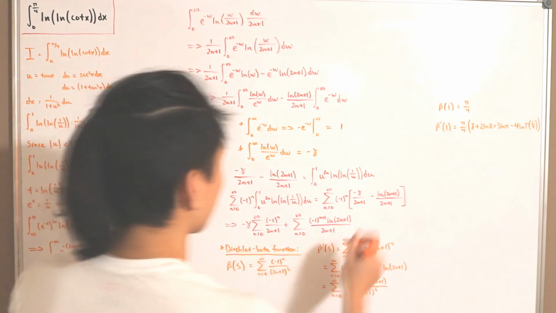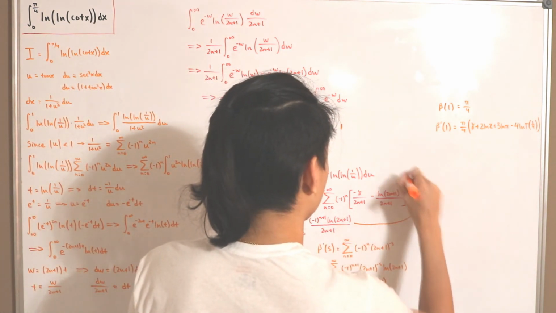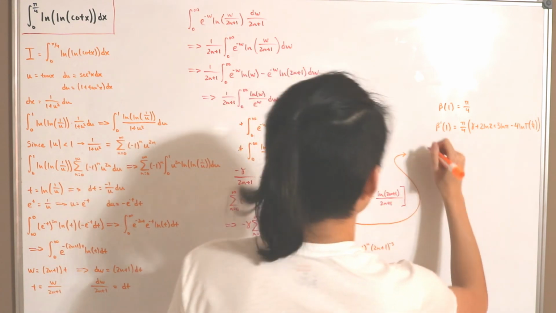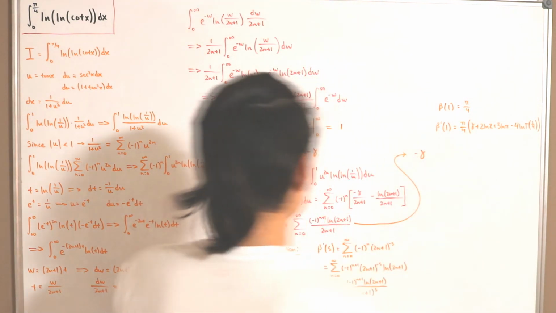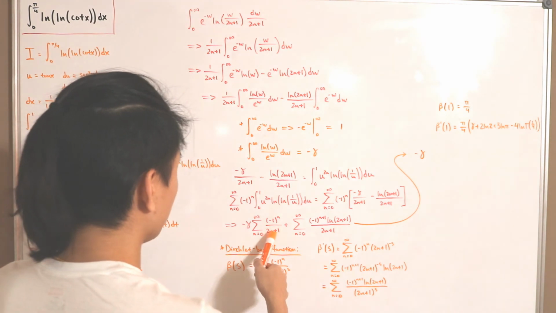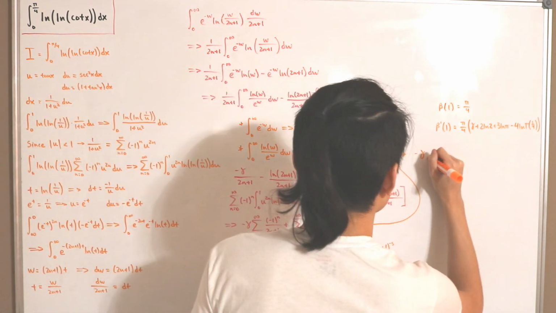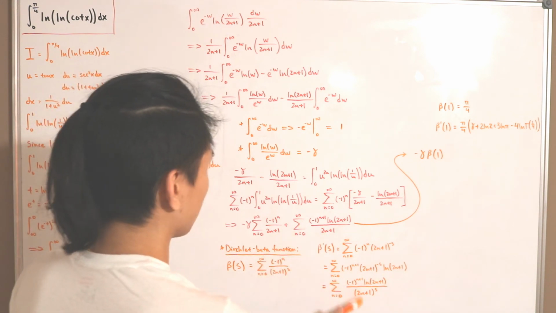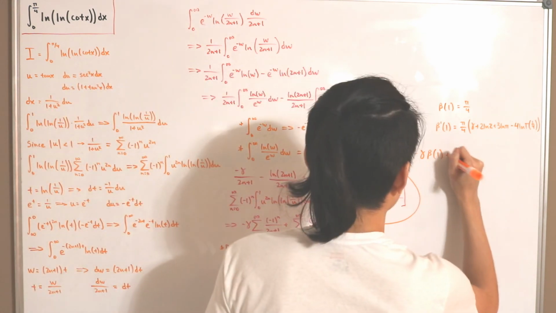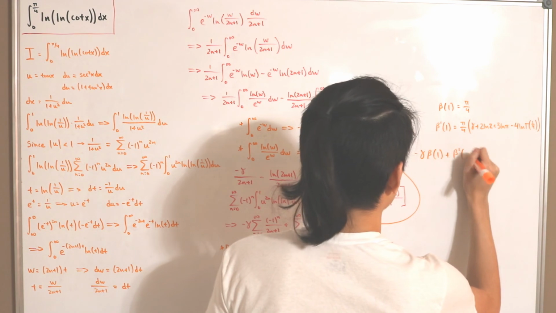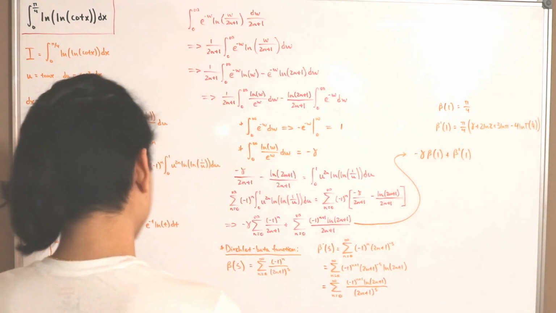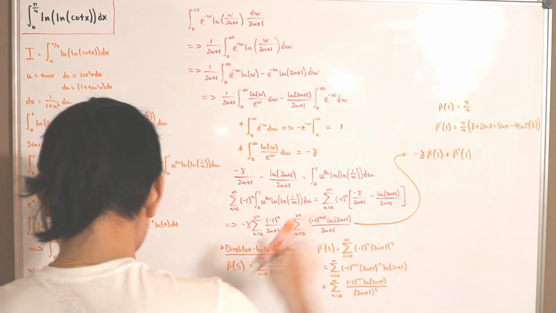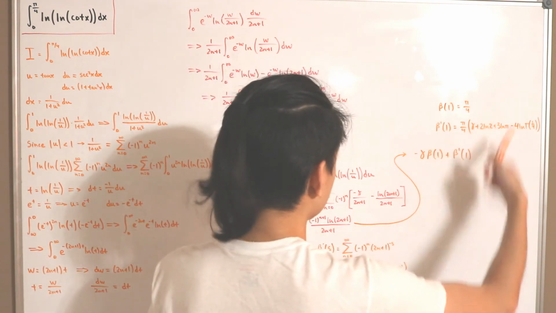Going back to here, I'll draw the arrow. We see that that's just going to equal negative gamma multiplied by, when I plug in s equal to 1, beta of 1. And then add this with, plugging 1 into here, plus beta prime of 1. Now we can plug our terms in with these special values.